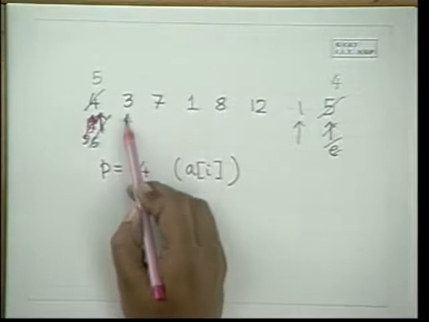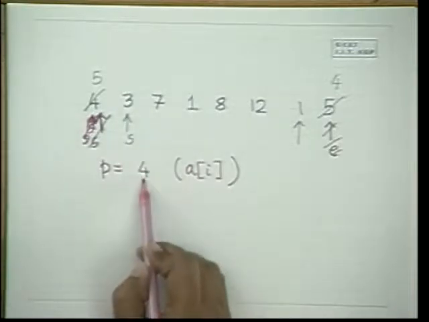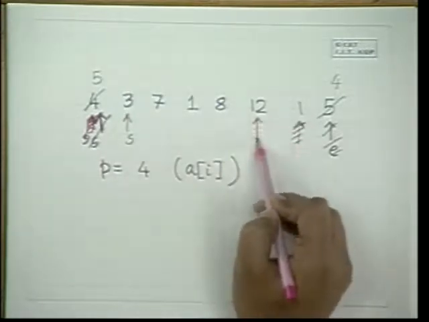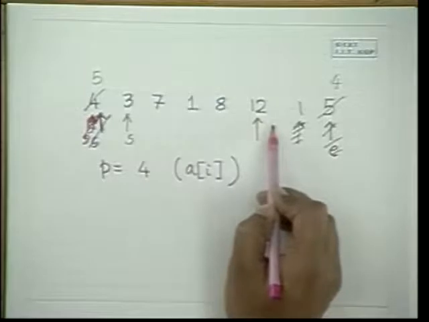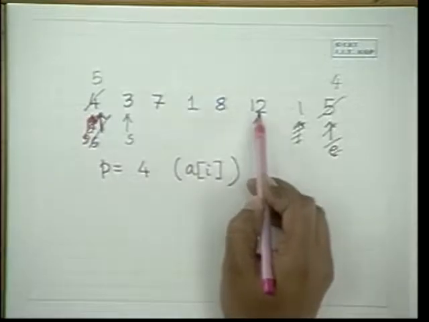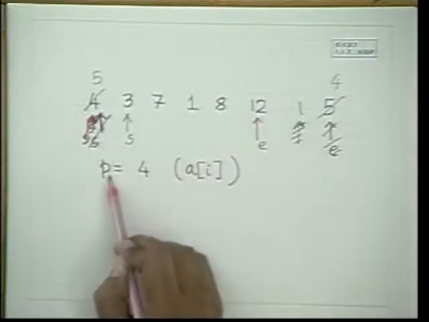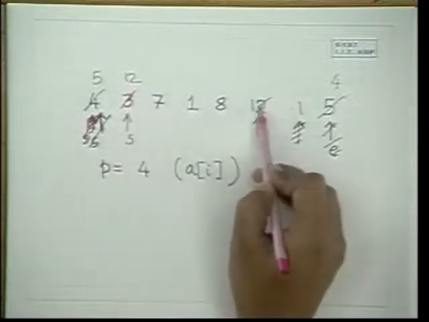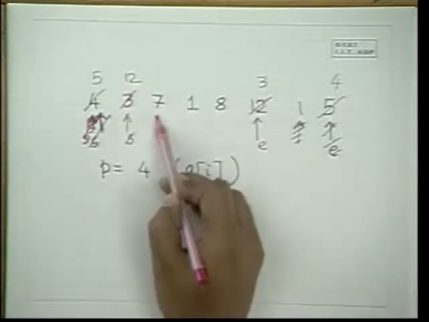Now since this is still less than or equal to P, it will wait here, but this one is less, so this will continue. It will come here, it will wait here, because this condition is that this element is greater than P. So now we exchange these two and proceed.